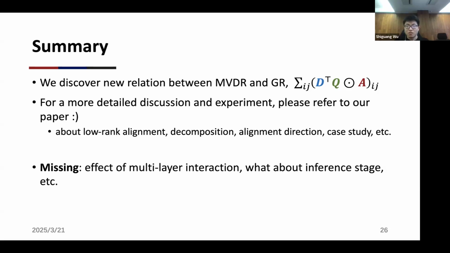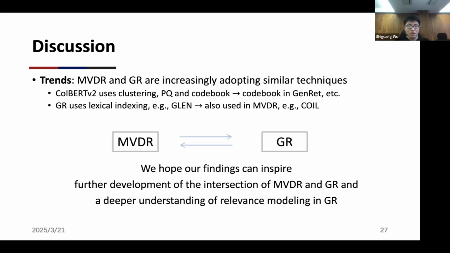So that's quite a fascinating part. And here's the discussion from last year. We find the trend that multi-vector dense retrieval and GR are both quite popular paradigms this year. They're actually increasingly adopting very similar techniques.